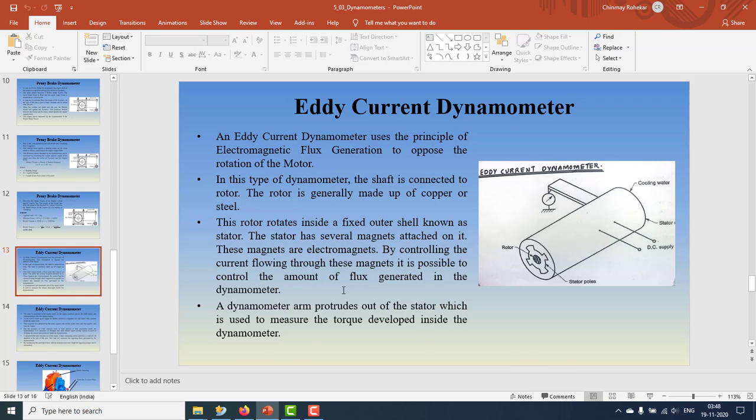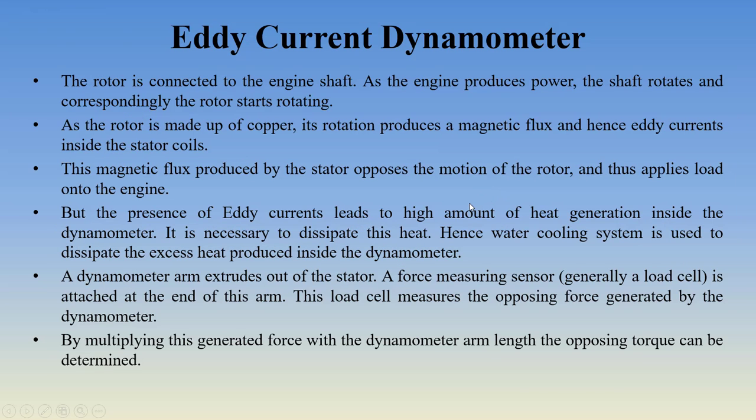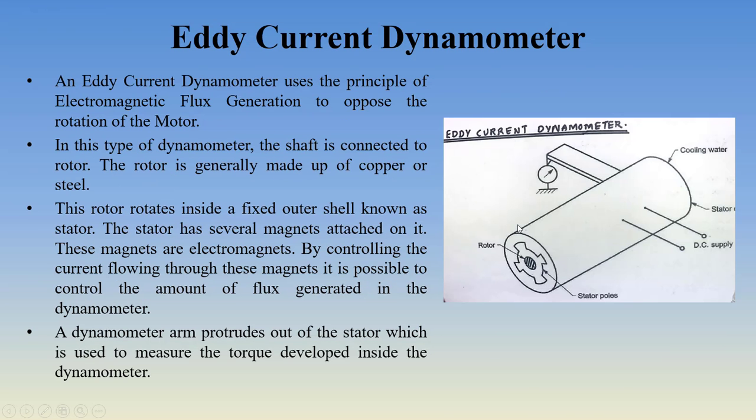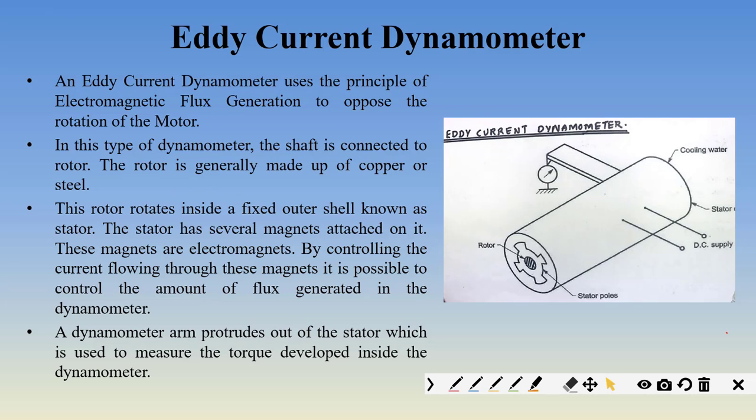This same principle is being used in your eddy current dynamometer. In our example, a magnet was falling inside a copper tube. In our eddy current dynamometer, the central shaft is made up of copper and the outer one is an electromagnet.